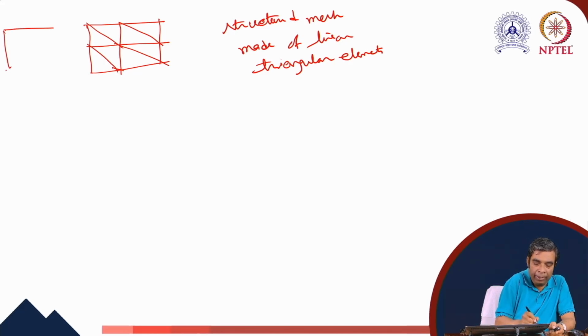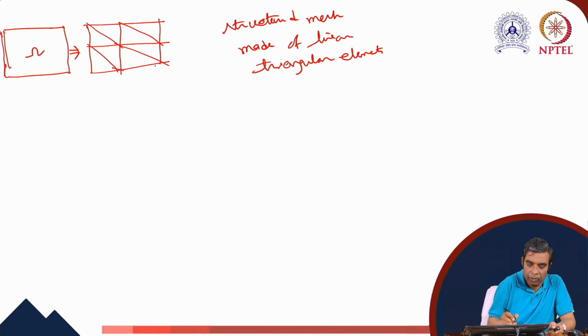So we are given one rectangle. This is omega. This we have discretized, and then we have NUMEL equals 8: 1, 2, 3, 4, 5, 6, 7, 8.